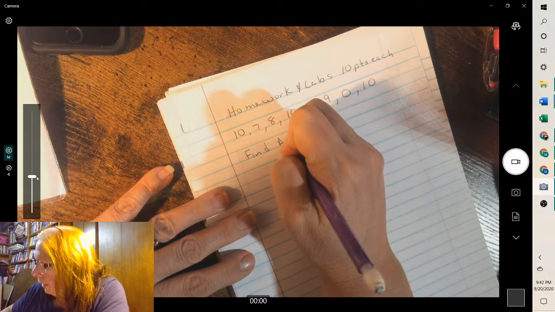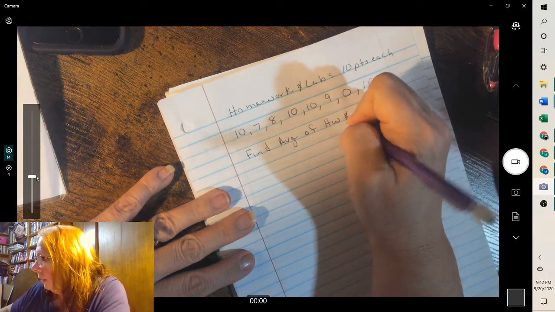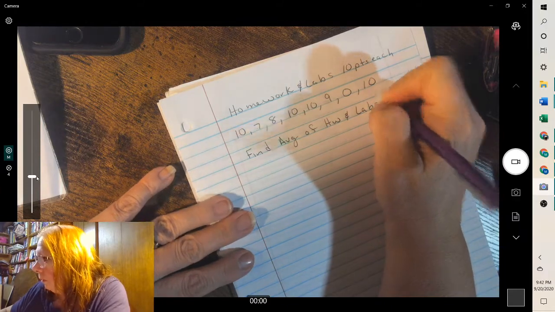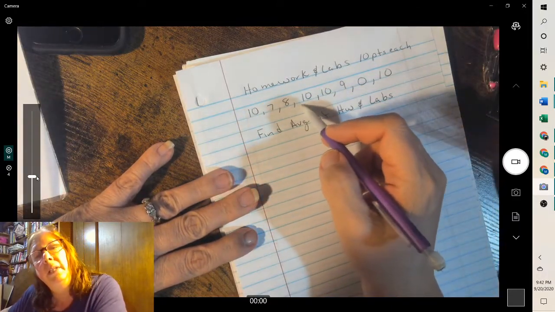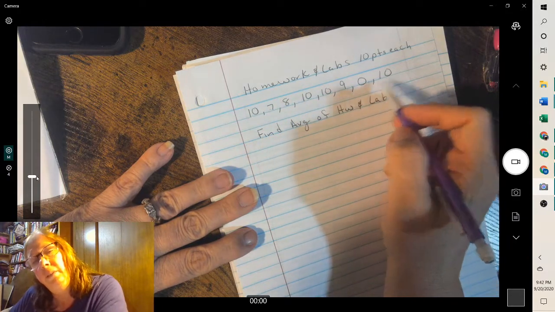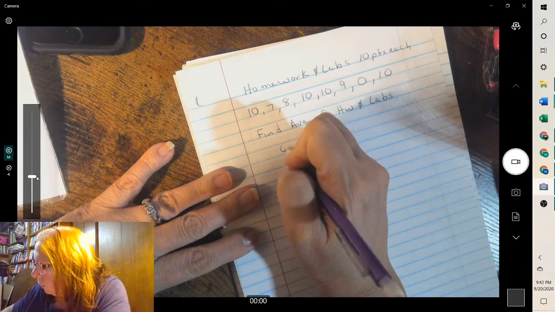So to find the average of homework and labs, we would add all of these up. 10 plus 7 plus 8 plus 10 plus 10 plus 9 plus 0 plus 10. And if you add all of them up, you get 64.